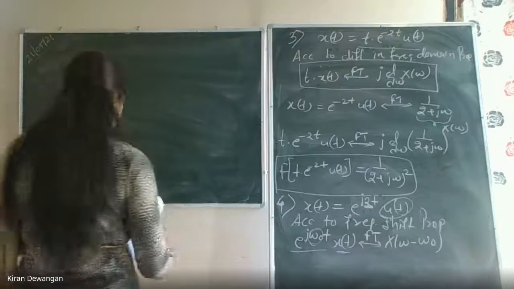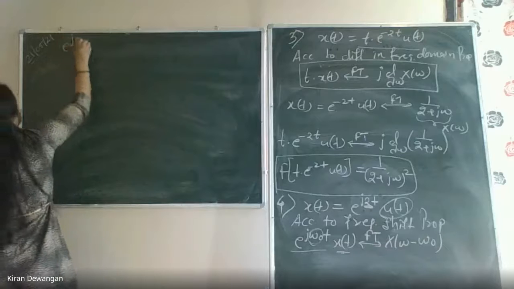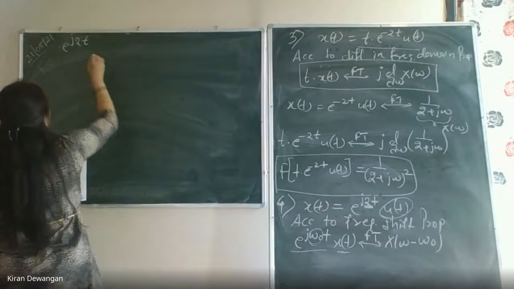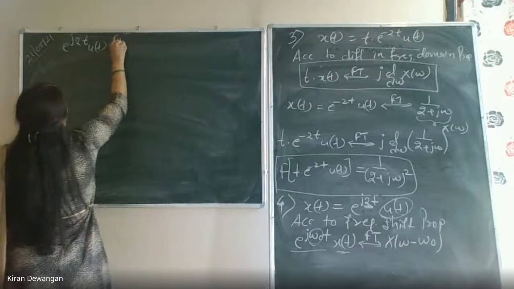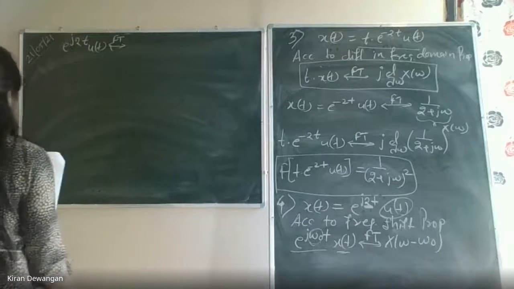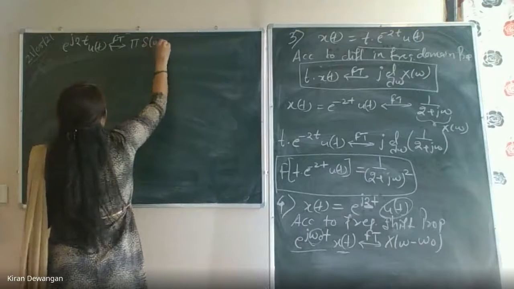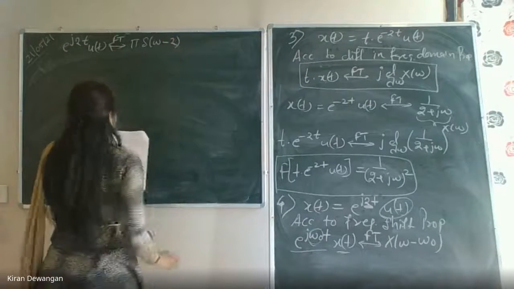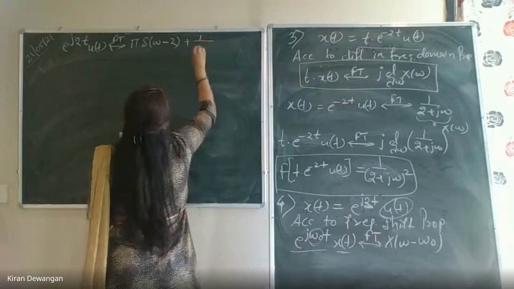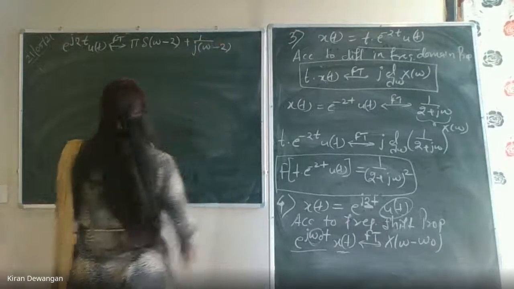Here, if we apply this one, e to the power j 2t into ut will have Fourier transform pi del omega minus omega naught, which is 2, plus 1 by j omega minus 2. That's it.